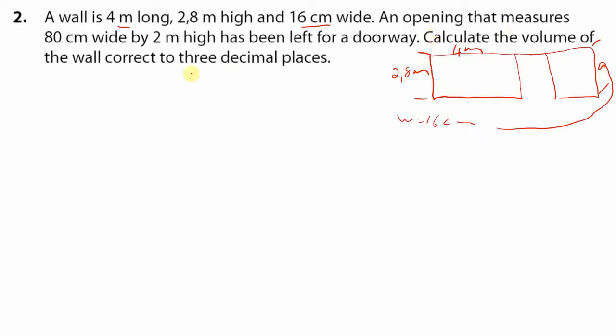Okay, an opening that measures 80 centimeter wide by 2 meters high, so it actually didn't go to the top, the door, there obviously is a bit of space. So we have 2 meters in height. 80 centimeter wide, so this distance is 80 centimeters.